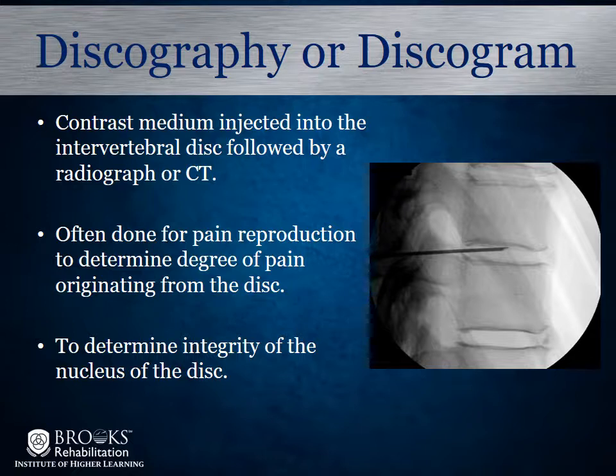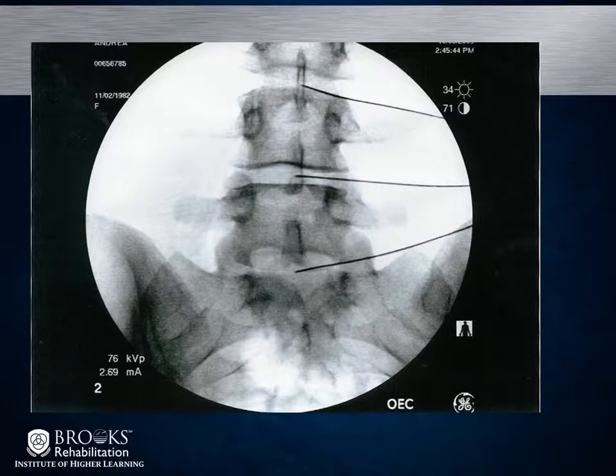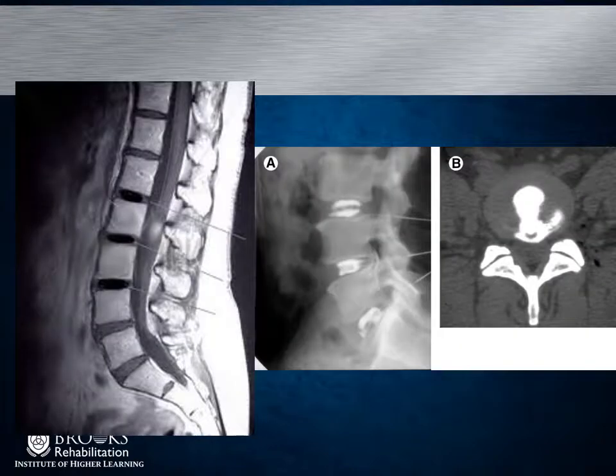They place a needle into the intervertebral disc, and then they inject a dye, a contrast, in there, and they look to see here's the needle going into the disc, and then what they're looking for is this: how well does it contain the contrast?